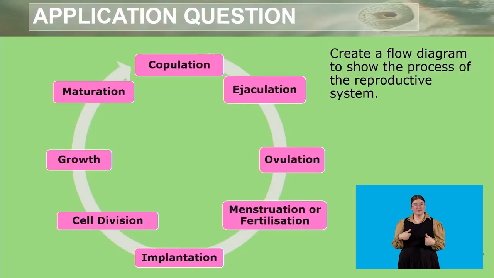Okay, so our flow diagram will start with the process of copulation. We already know that copulation is another word for sexual intercourse. I'll just note it down there, also known as sexual intercourse.